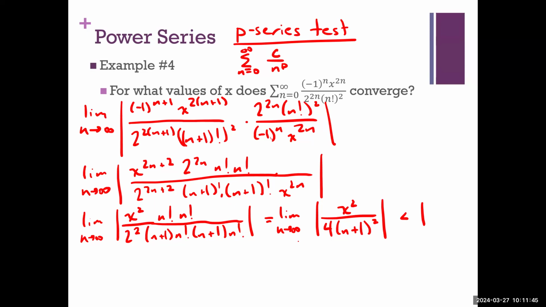Under what conditions does the ratio test give convergence? Less than 1, strictly less than 1. That's why I have this limit set to less than 1. Is this a limit we can evaluate right now, or would you like to do a little more work?